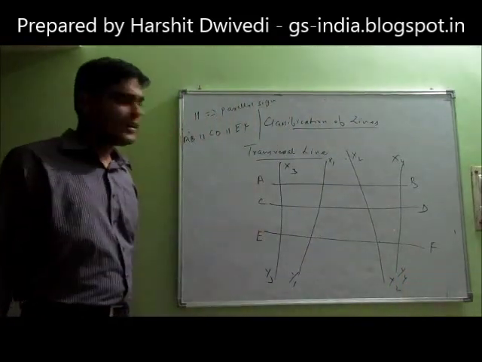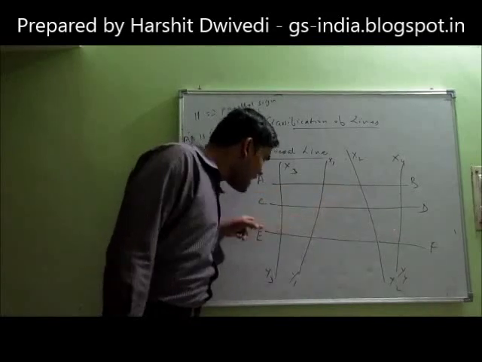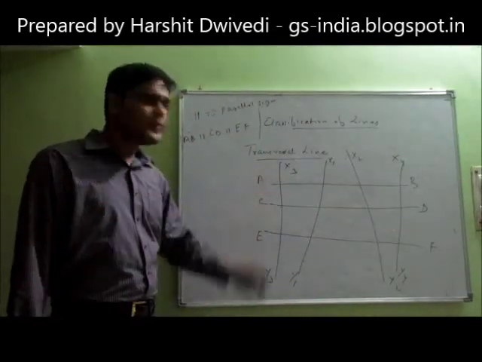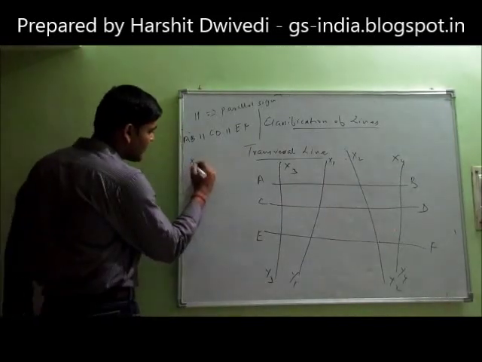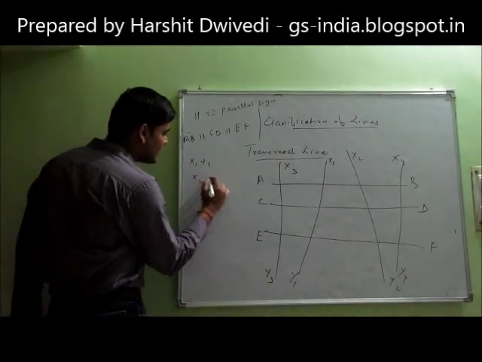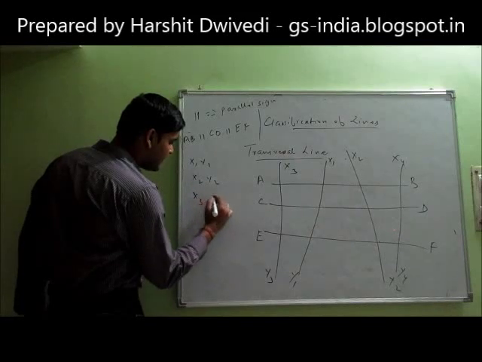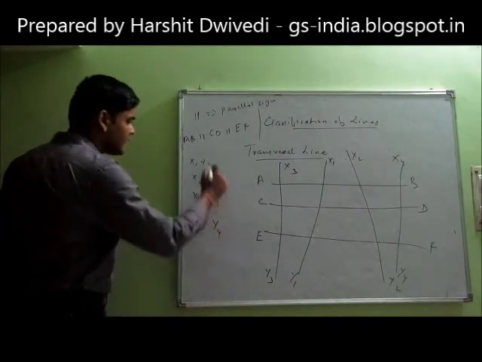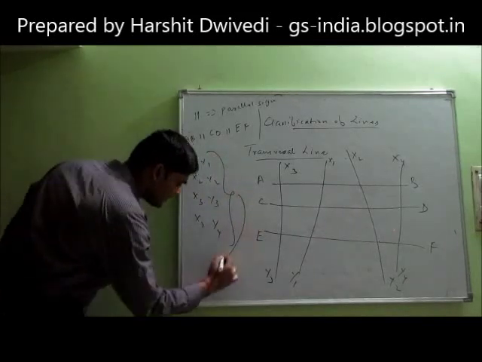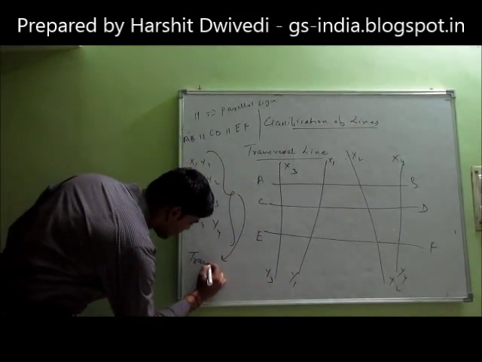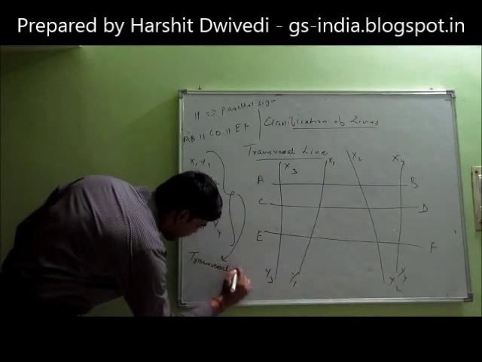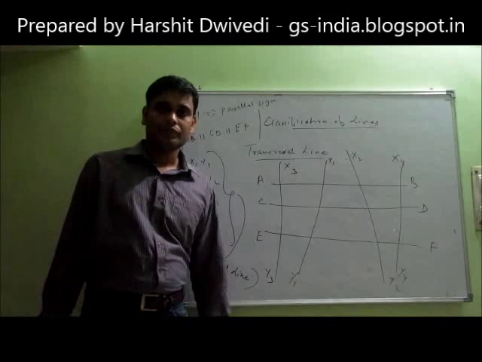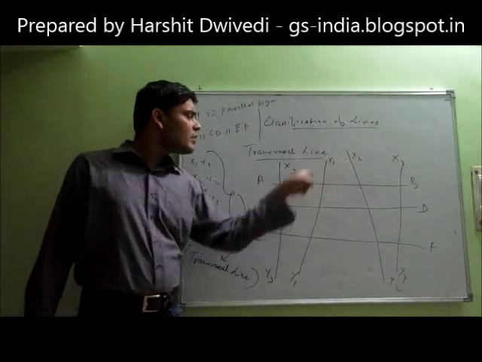So what is this? These AB, CD and EF, what were these lines? These are parallel lines, and cutting these parallel lines are lines, which lines? x1, y1, x2, y2, x3, y3, x4, y4. So what are these? These are transversal lines. Those lines that cut parallel lines.